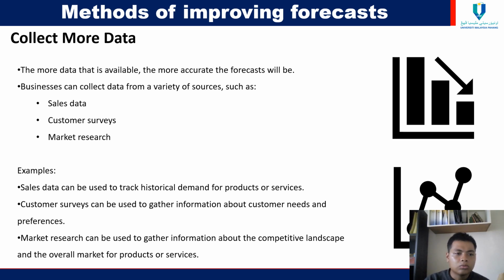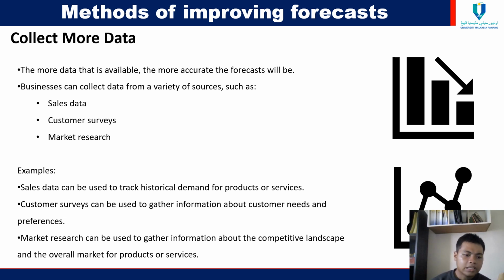Now we look at collect more data. The more data that is available, the more accurate the forecast will be. Business can collect data from a variety of sources such as sales data, customer survey, and market research.